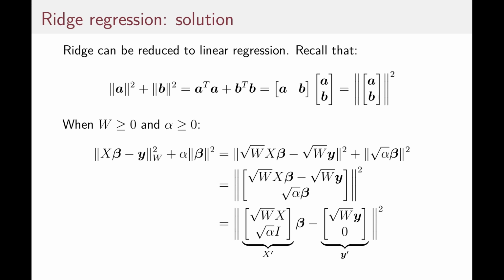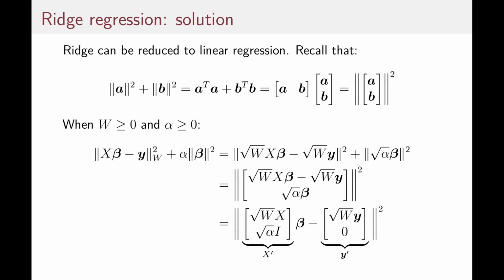So if we know that, and we assume that our weight matrix is positive, and our alpha is positive, or 0 in the edge case, then you can actually take the objective and make it into a ridge problem, which we know how to solve, with some new matrices X prime and Y prime.